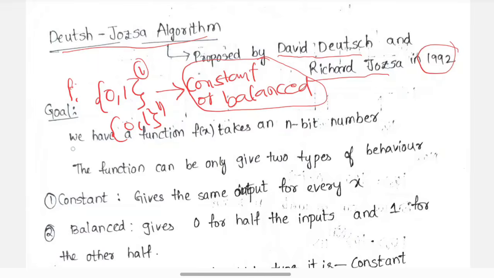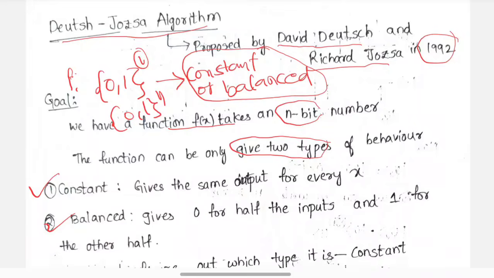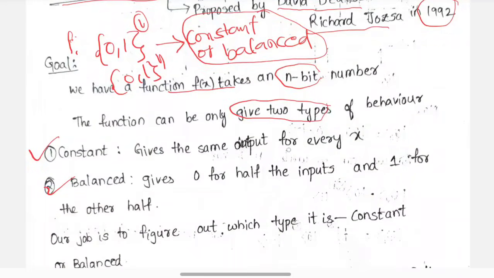What I have given here is a function f of x that takes an n-bit number. The function can only give two types of behavior: one is constant and the other is balanced. You already know that constant gives the same output for every x, whereas balanced gives 0 for half of the inputs and 1 for the other half.